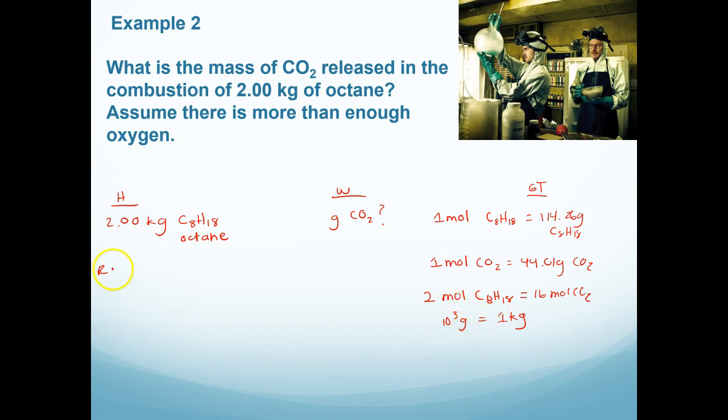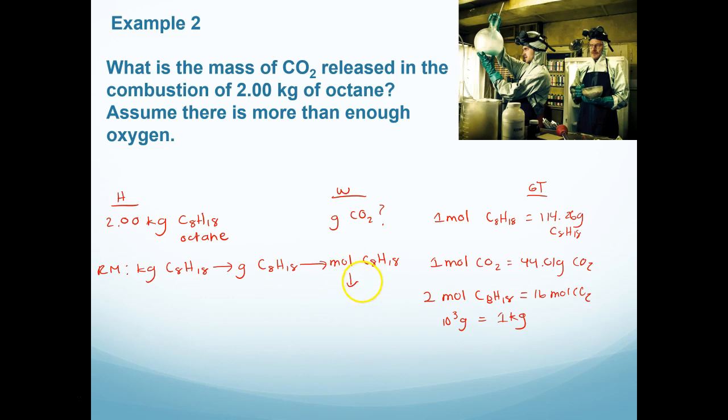For our roadmap, let's go ahead and do that as well. We're starting with kilograms of octane, and we can go to grams of octane. From there, we can go to moles of octane, and to figure out where I'm going next, I'm looking at my get there again and figuring out what relationships I can make.